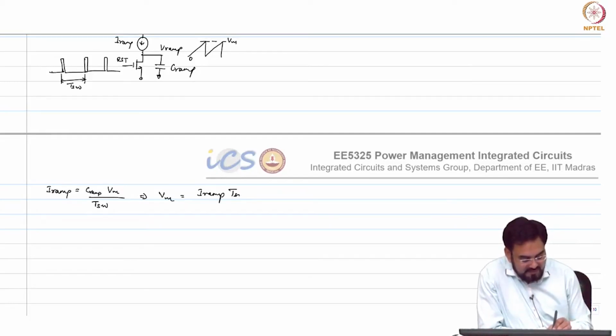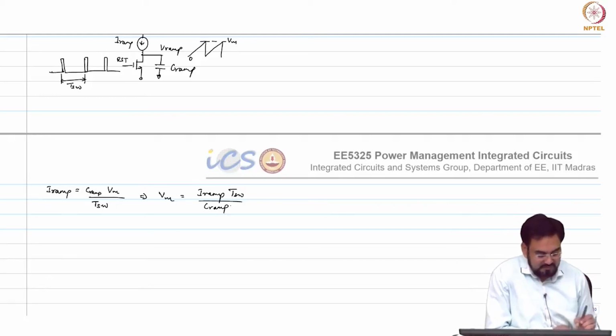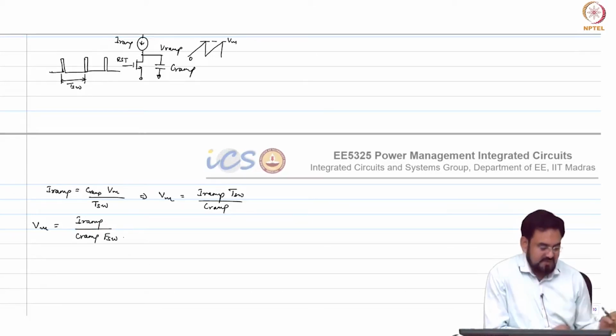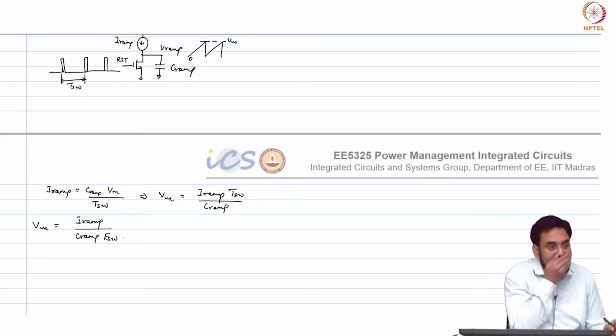IRAM TSW over CRAM, or you can write IRAM into FSW, correct?